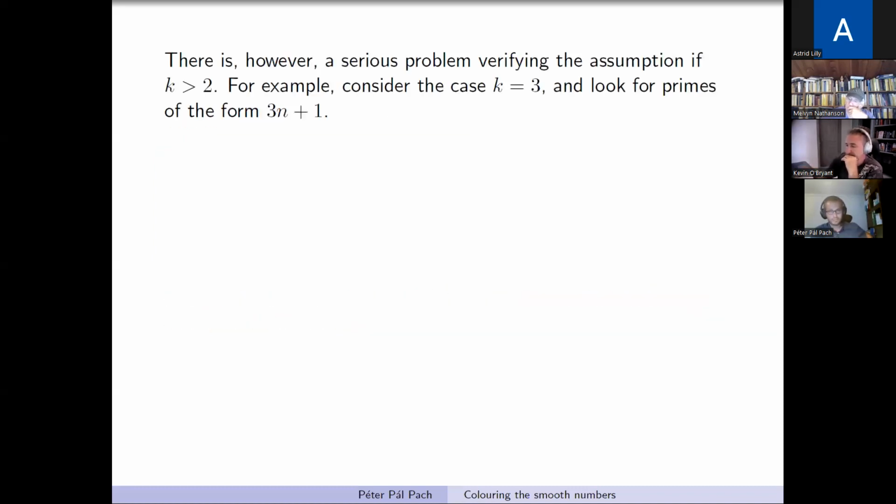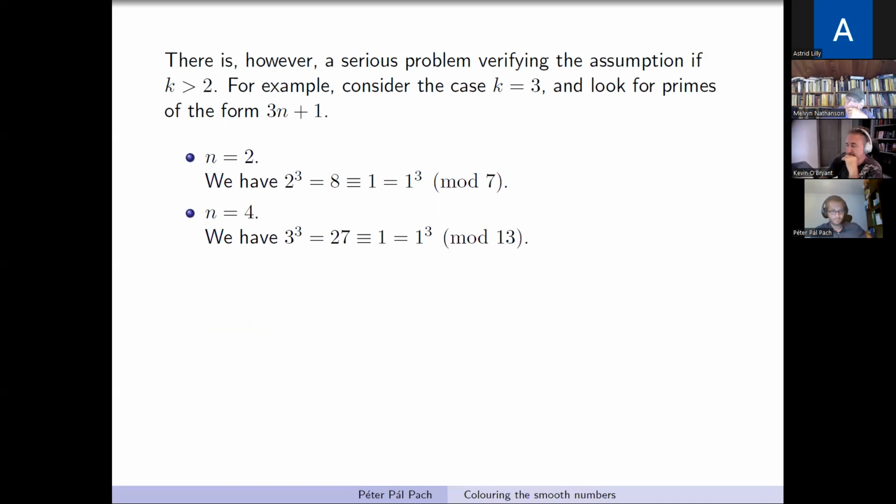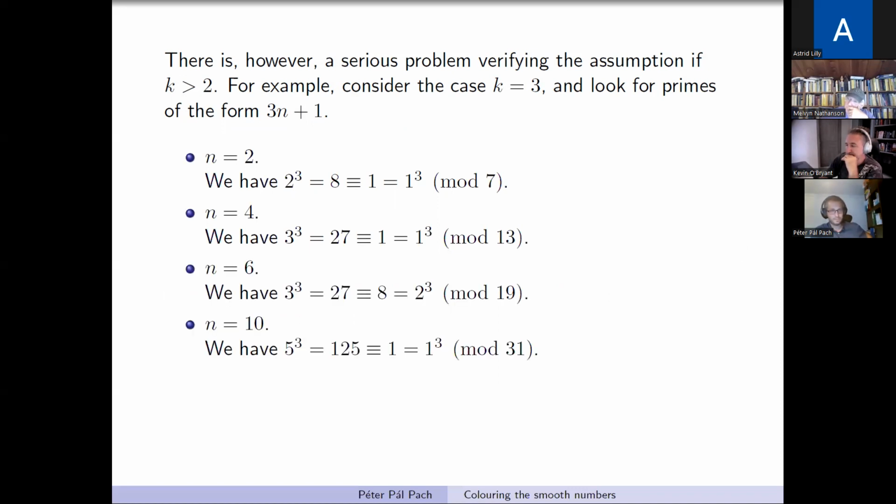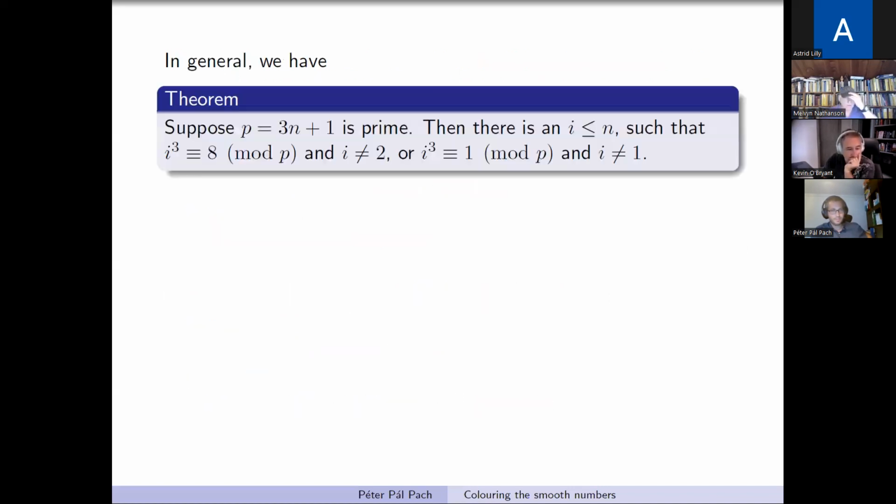But if you try it with, for instance, k=3, then this is not the case anymore. Here, looking at the smallest cases, we notice that there will be equal residues. And in fact, it can be proved that if we try this kind of construction with primes of the form 3n+1, then this will never work.